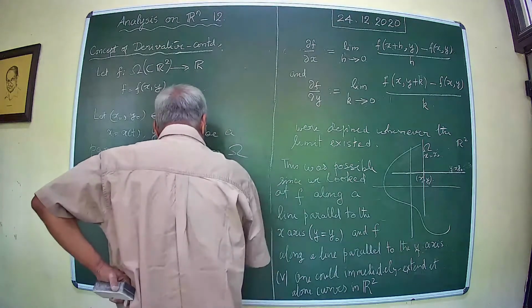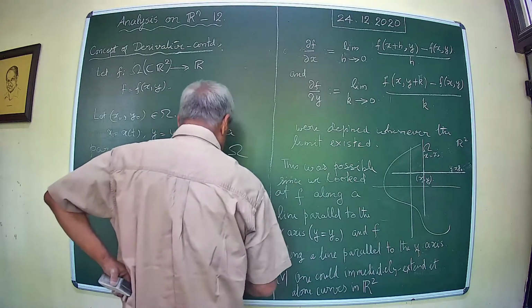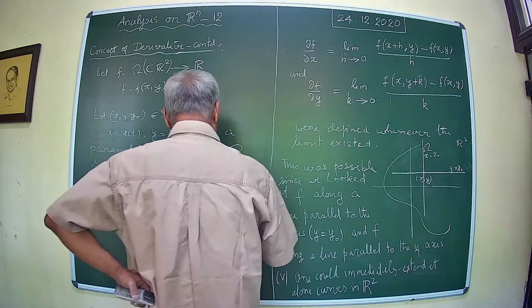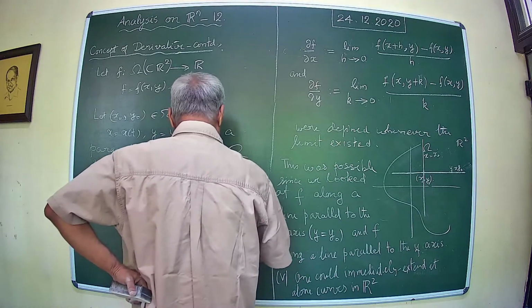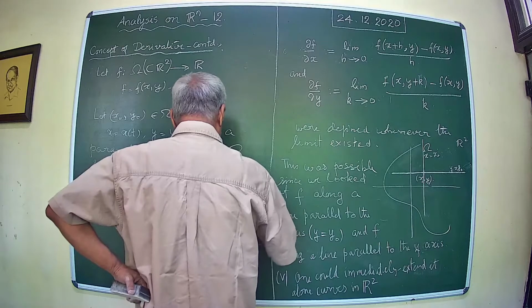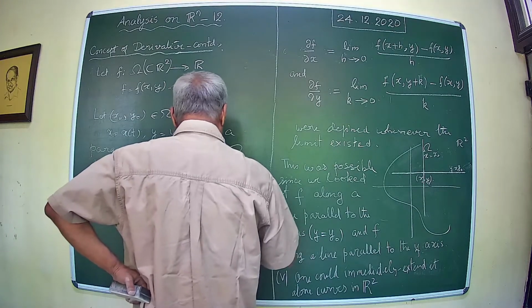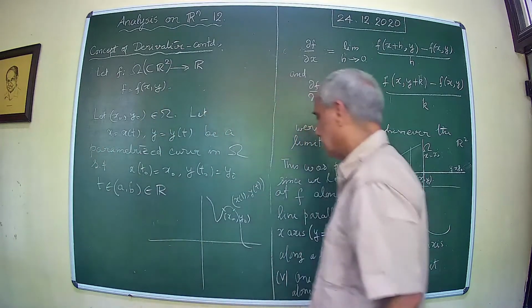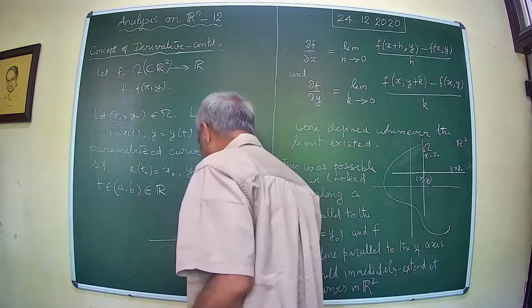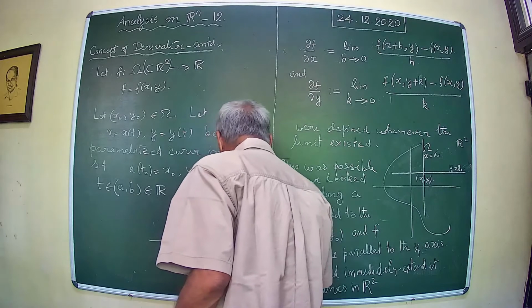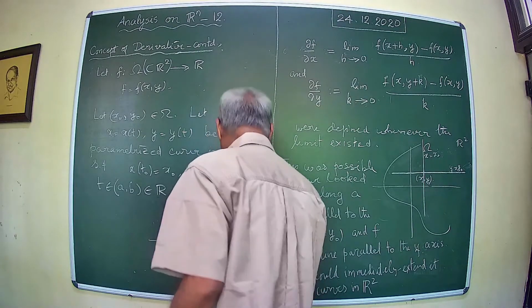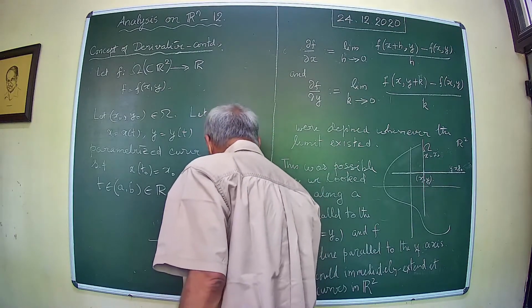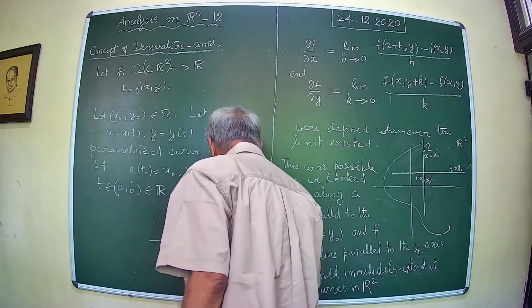Okay, so you have a curve here. Say this is (x(t), y(t)), and this is the point x naught, y naught, and we have set x(t naught) equal to x naught. So there is a t interval, and this is the point t naught.